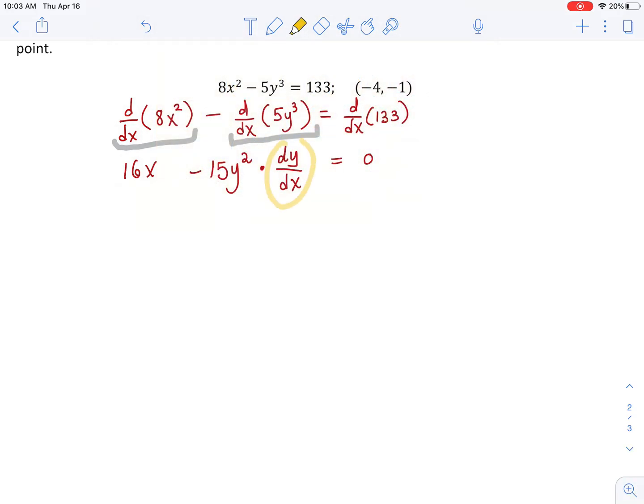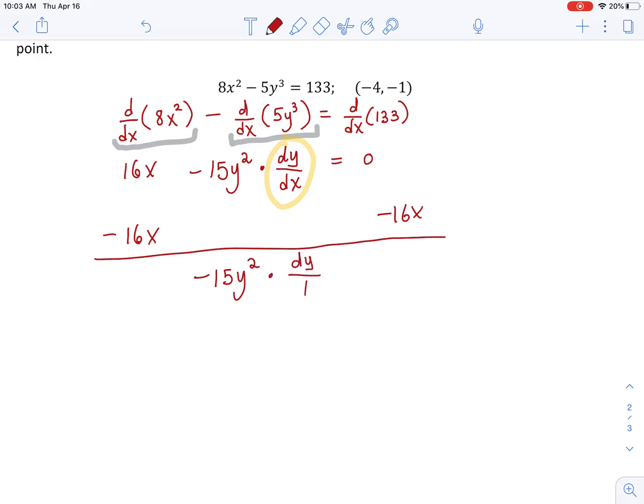All right, now all you need to do is to solve for dy dx, right? So let's solve this for dy dx by moving everything to the other side. Subtract 16x from both sides. You will get negative 15y squared times dy dx equals negative 16x. Now what's next?